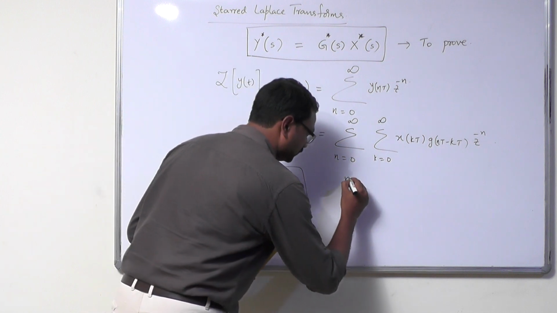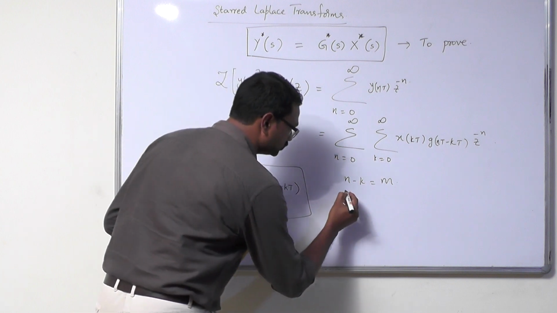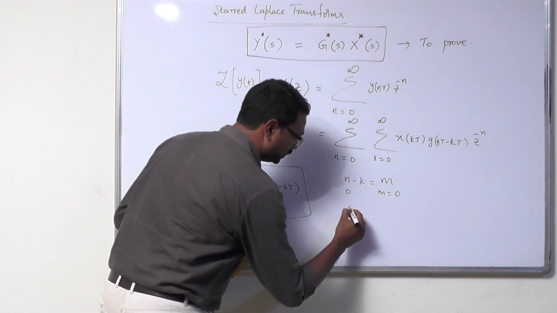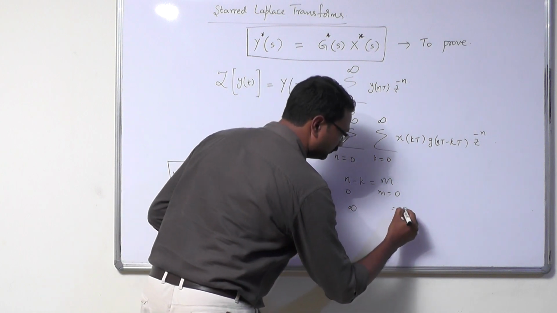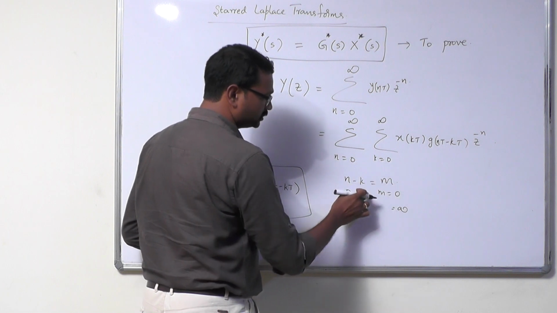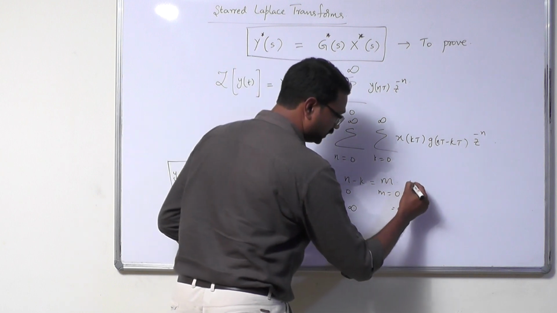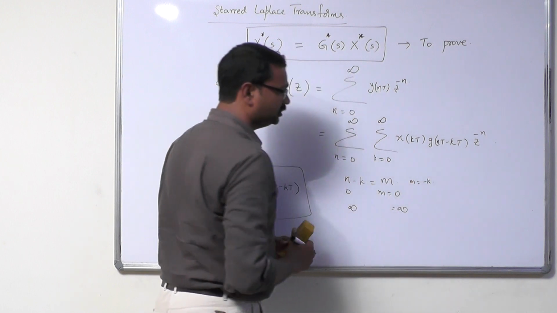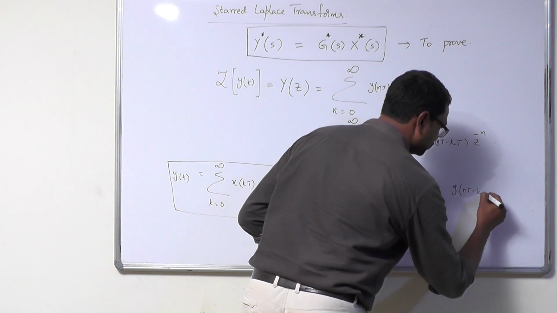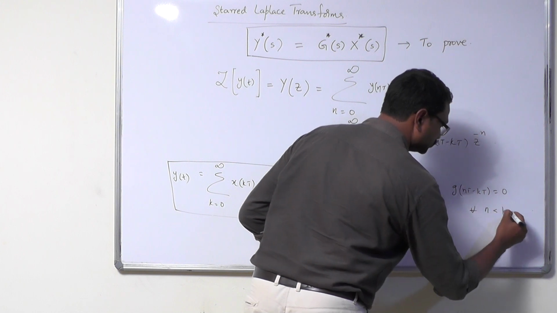Now we can say n minus k is equal to m. When n is equal to 0, m is equal to 0, and when n is infinity, m is infinity. Actually m is equal to minus k, and g of nt minus kt is equal to 0 for all n less than k.